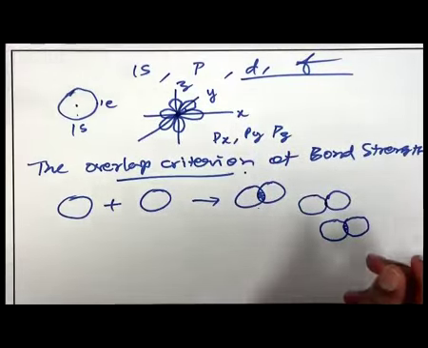When there is a higher overlap, there is a buildup of electrons between the two nuclei. There is one nucleus, there is another nucleus, and you build up electrons between them.